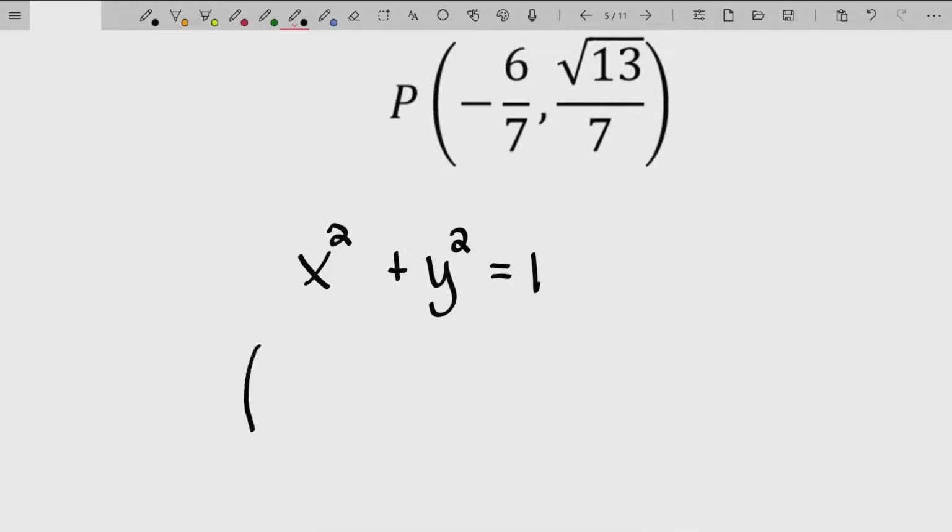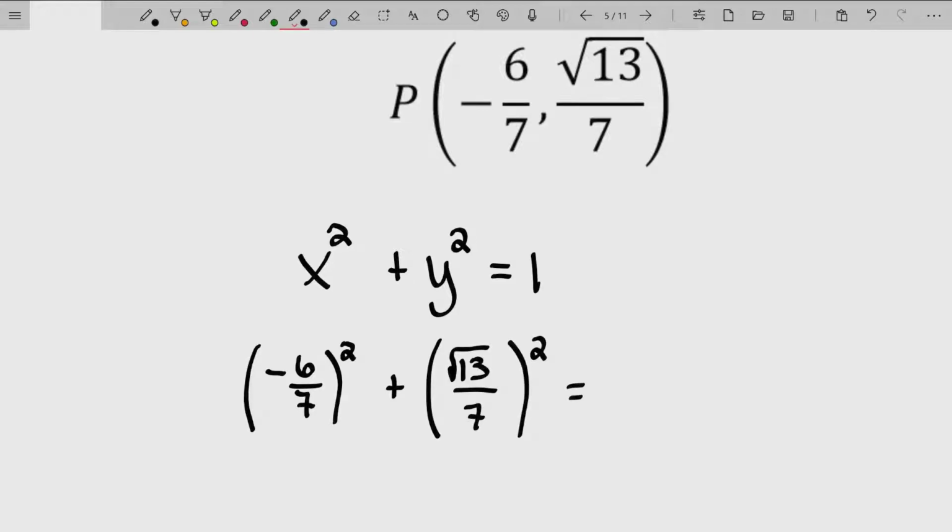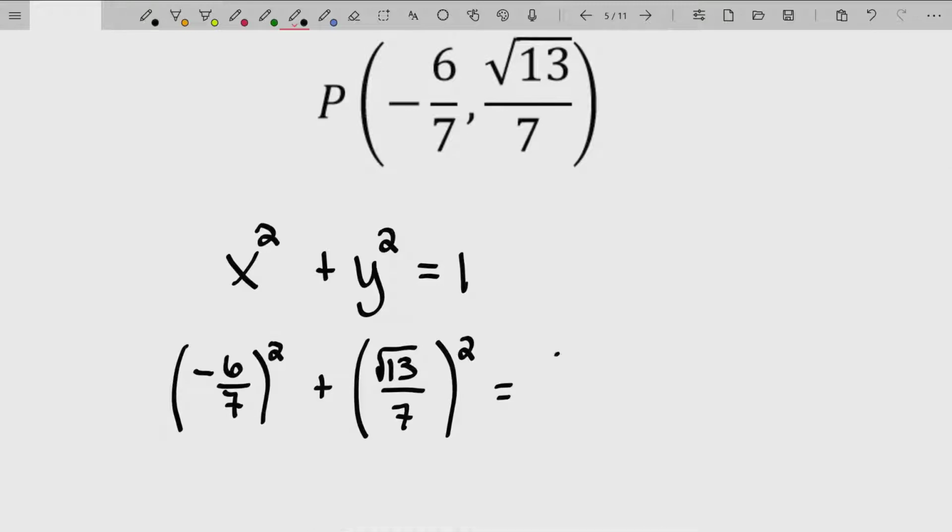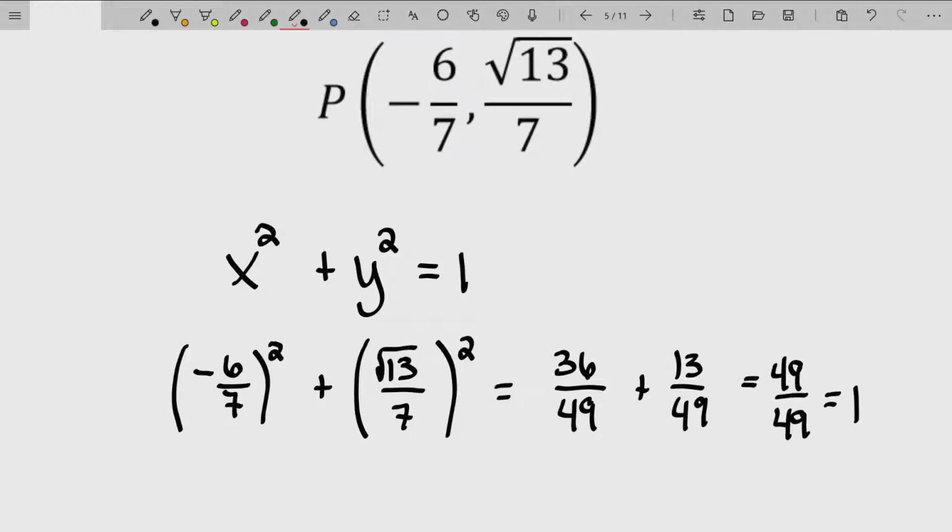So let's take that x and square it, and let's take that y value and square that, and let's see what it turns into. Well, that's 36/49 plus 13/49. 36 plus 13 is 49. So yep, definitely this point is on the unit circle.